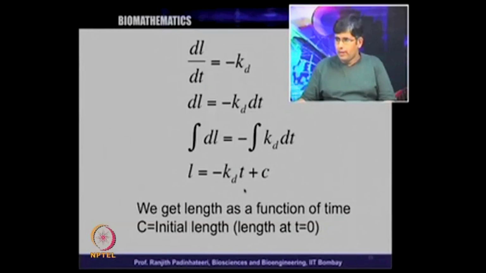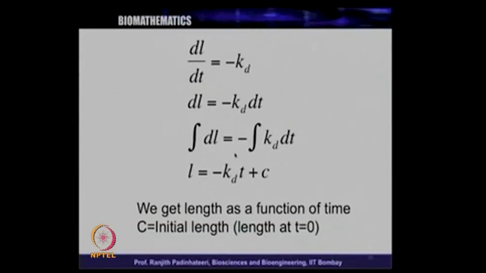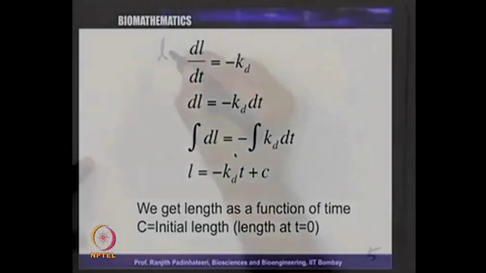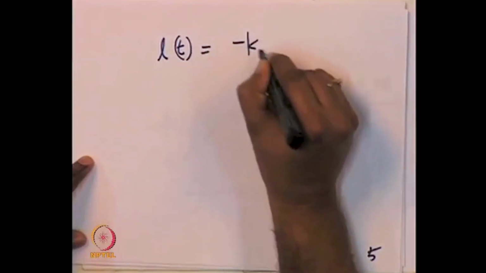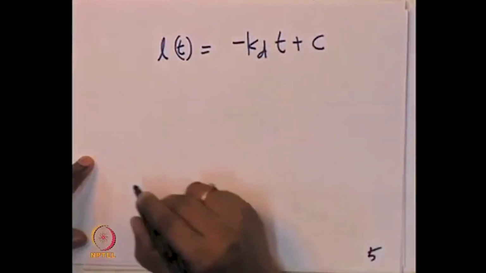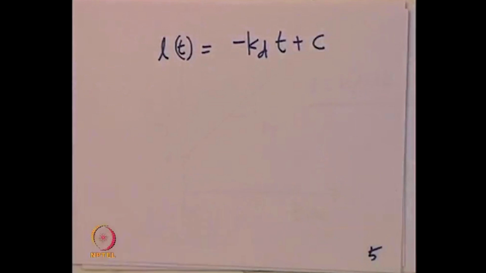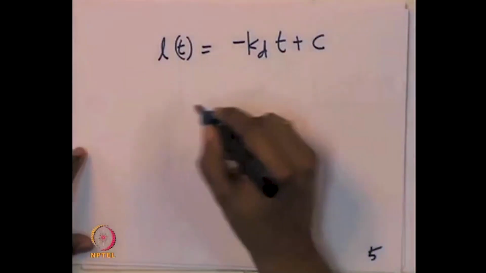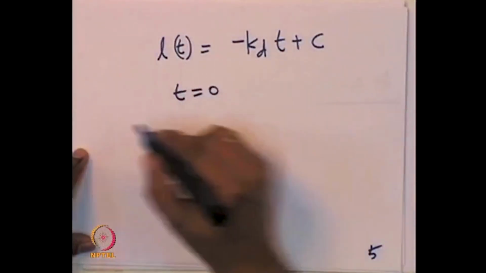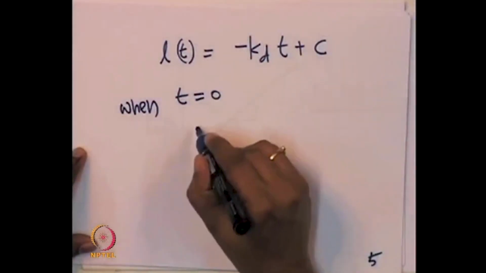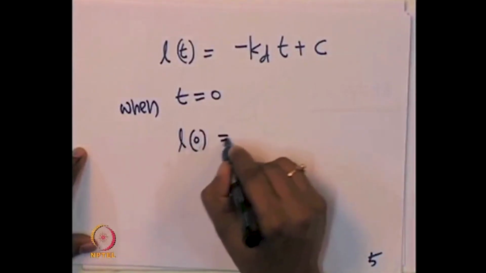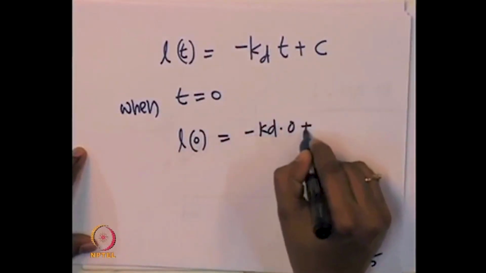Let us have a look at what that means. We have L as a function of time, which is minus Kd t plus c. Just like in the previous case, when t is equal to 0, we have L of 0 is equal to minus Kd into 0 plus c.